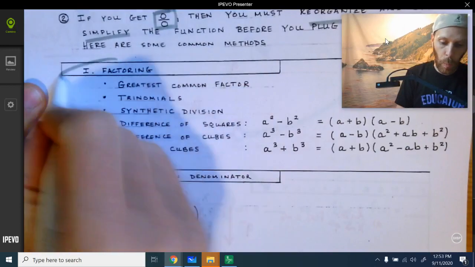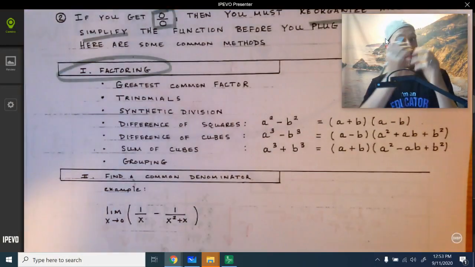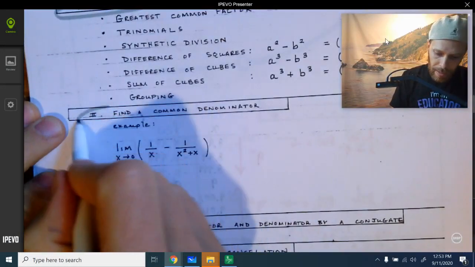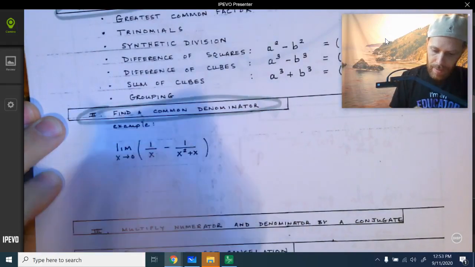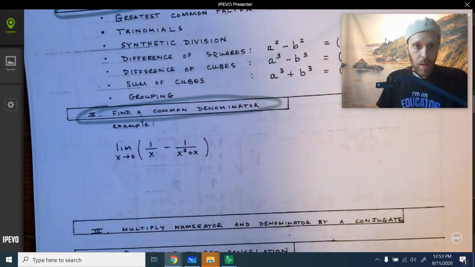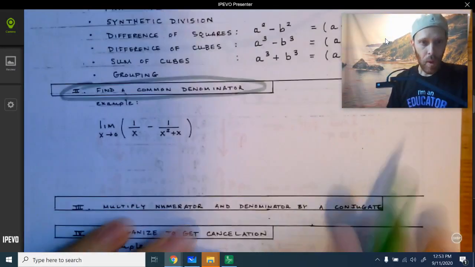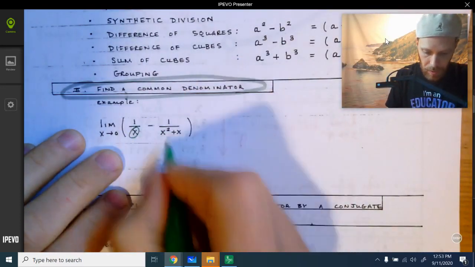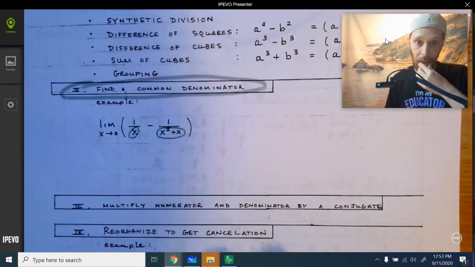One right here is factoring, which we practiced last class, so I won't go through that again. A second way is to find a common denominator. So here's an example right here where we could find a common denominator for the x and the x squared plus x.